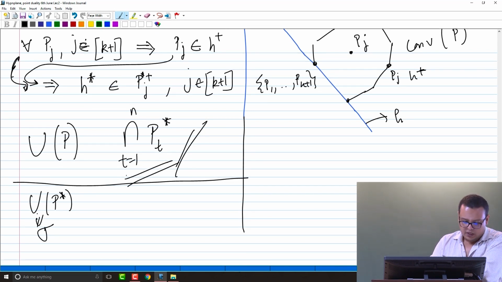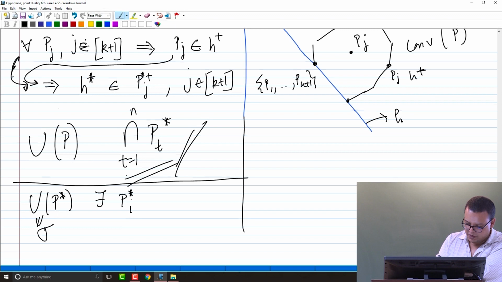That means there exist some set of hyperplanes, let's say, without loss of generality, I am assuming from 1 only, P1 star, P2 star, up to Pt plus 1 star.